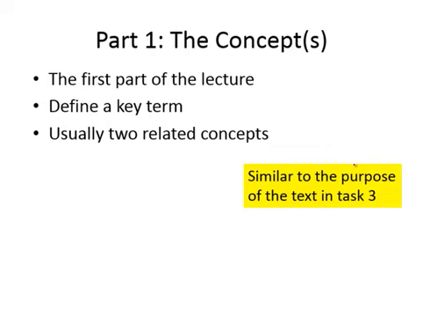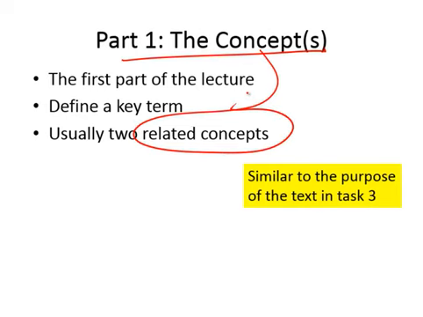Here, it's just that they're defined at the start of the lecture. And they will contrast or compare in some way via examples. But in the beginning, you're just going to show the relationship between the two concepts generally.